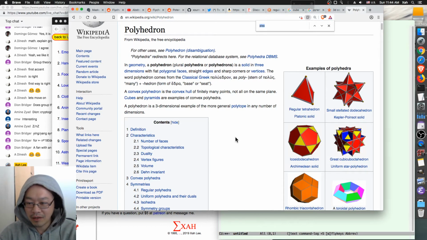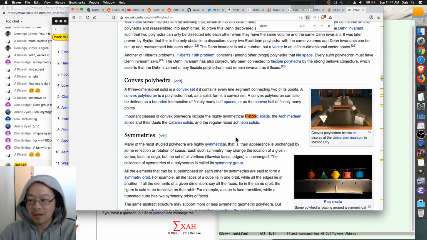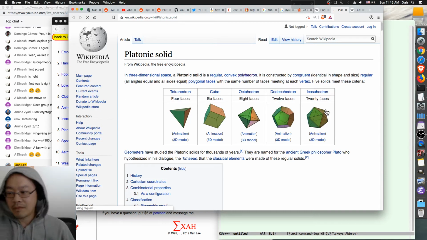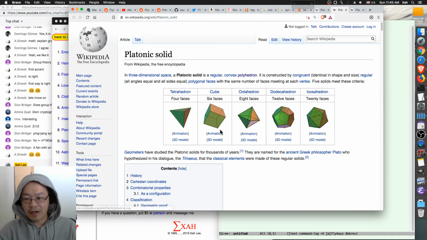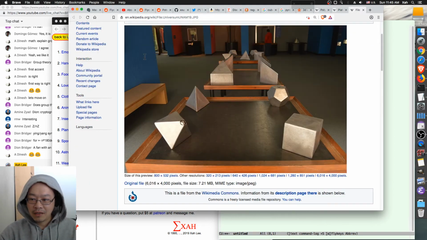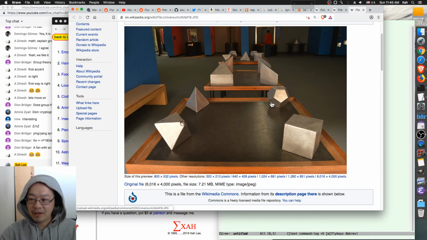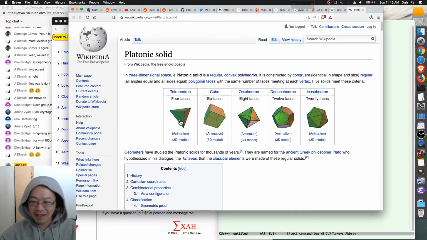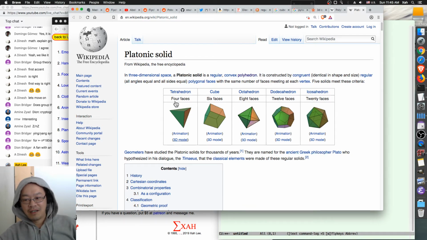These are too complicated, so let's simplify and go to the platonic solids. Here's a good picture. These five are called platonic solids, and this is a picture in real life. One, two, three, four. What? Those are not platonic solids. Anyway, let's talk about symmetry.